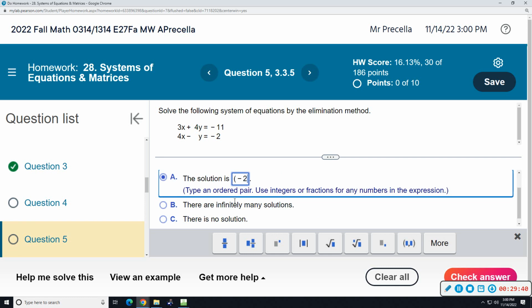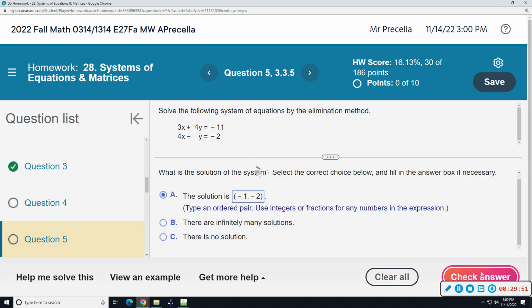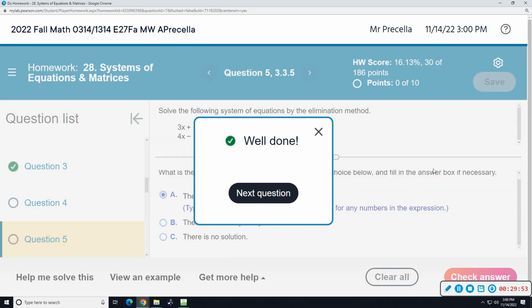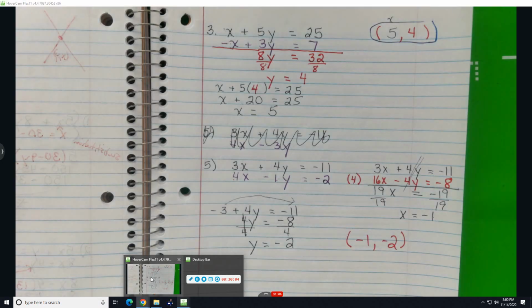Negative 1. Oops, I think I typed a 2. Negative 1, comma, negative 2. Close parentheses. And that's elimination. Substitution, elimination.